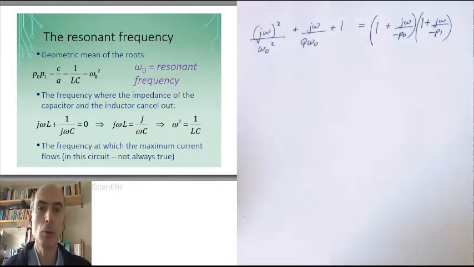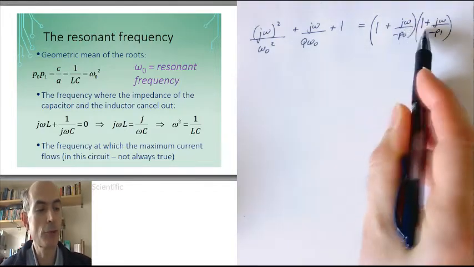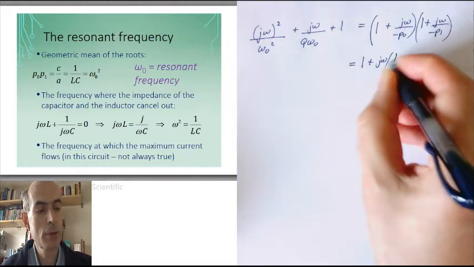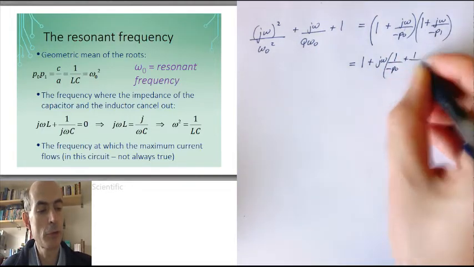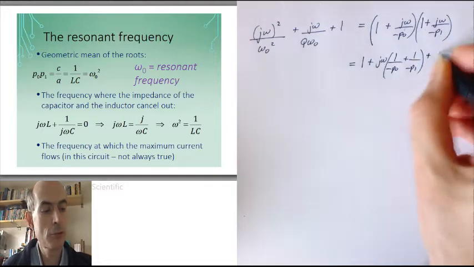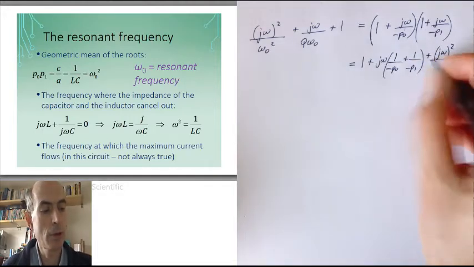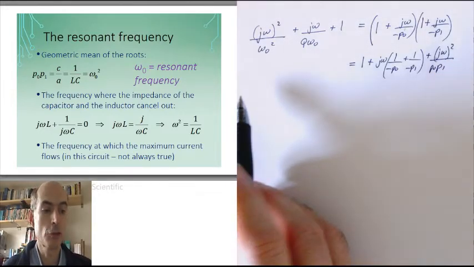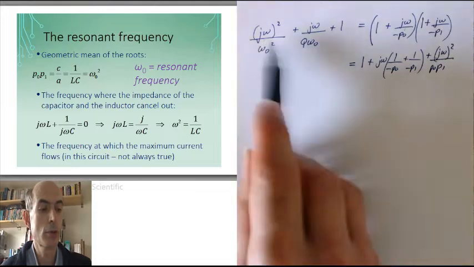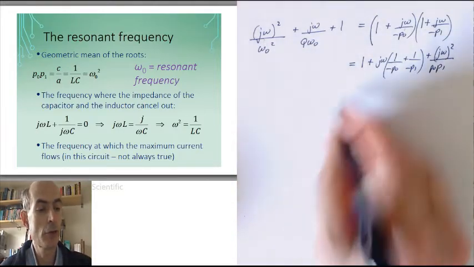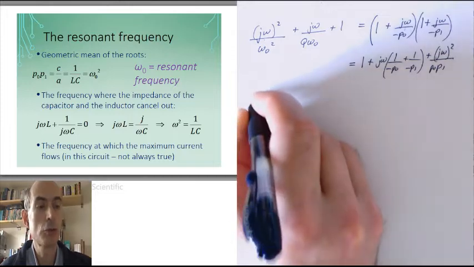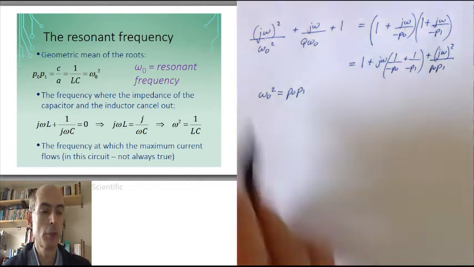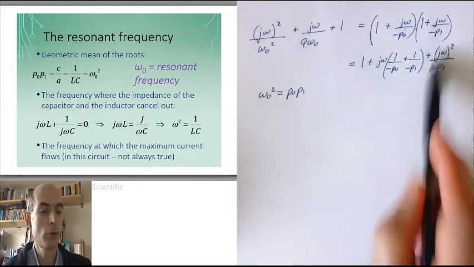Well, they must be equal, so if I multiply out this standard form and get 1 plus j omega times (1 over minus p naught plus 1 over minus p1) plus j omega all squared over p naught p1, I can compare the coefficients of j omega squared between these two standard forms and deduce that the resonant frequency, omega naught squared, must be equal to p naught p1, because this term must be equal to this term.